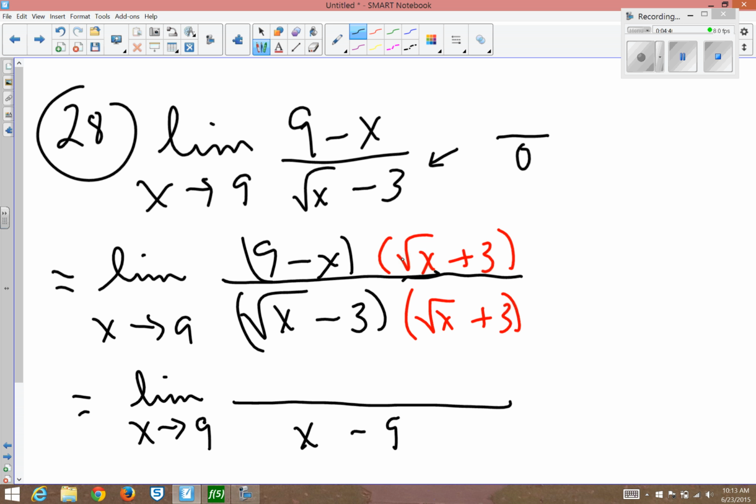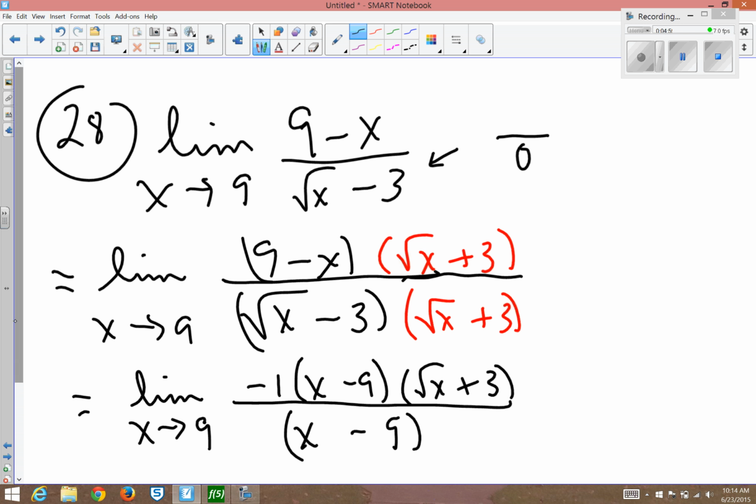And that numerator, I'm going to rewrite this numerator up here as negative 1 times x minus 9 times that red radical x plus 3. Now the x minus 9 in the numerator and the x minus 9 in the denominator cancel. So we're left with the limit as x approaches 9 of -1 times radical x plus 3.